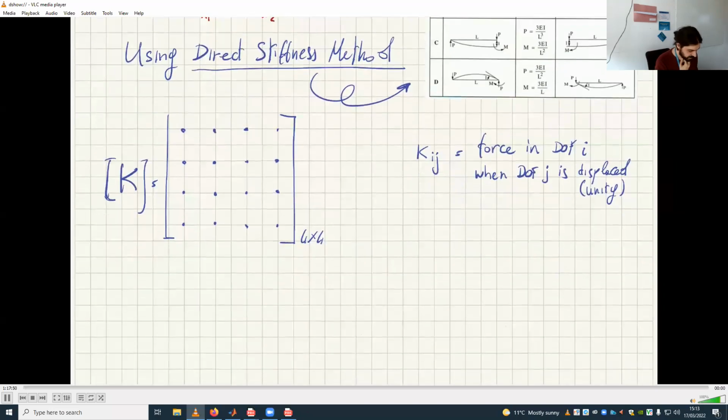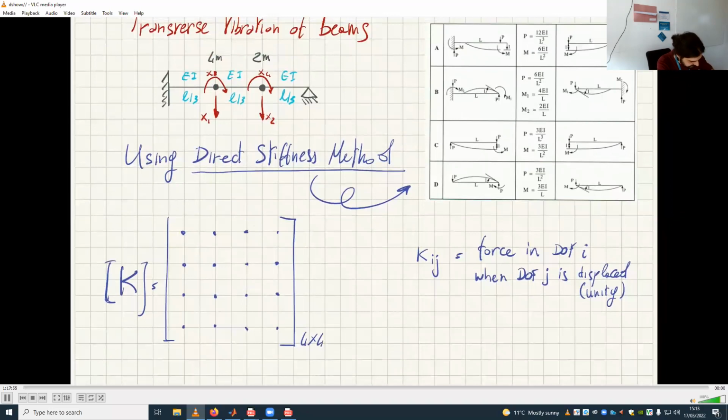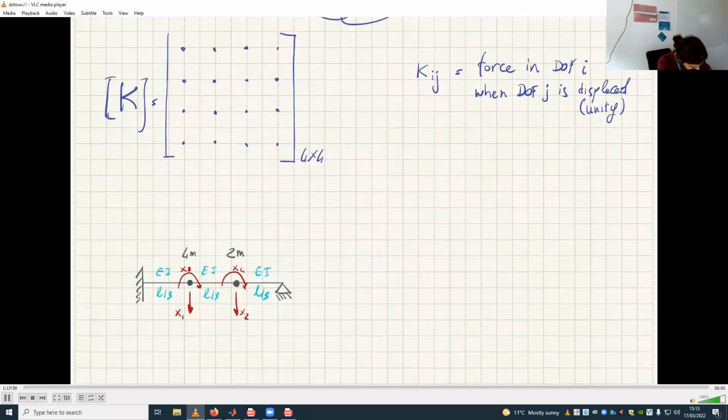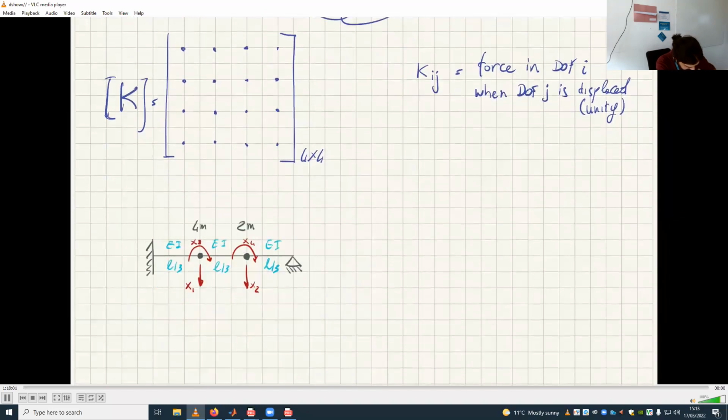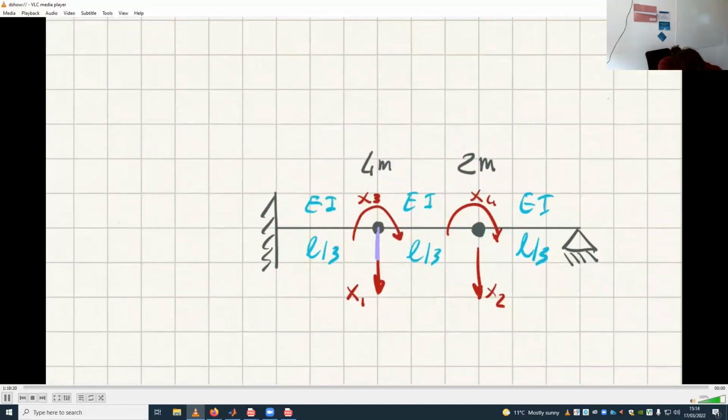Okay, so let's now displace degree of freedom 1 by one unit.